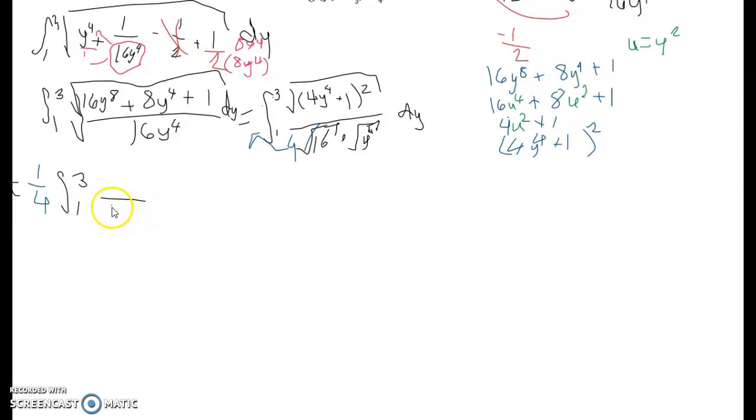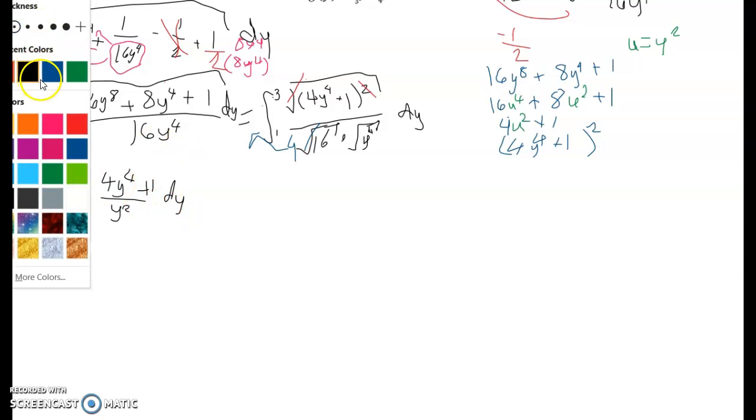And we have u squared over, and this also cancels out. Plus 1. That's dy.